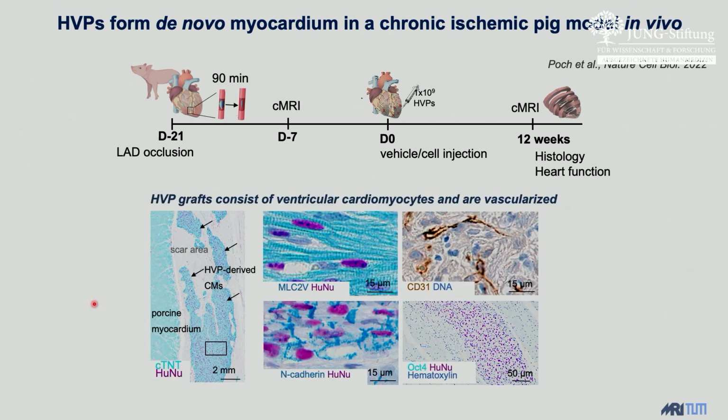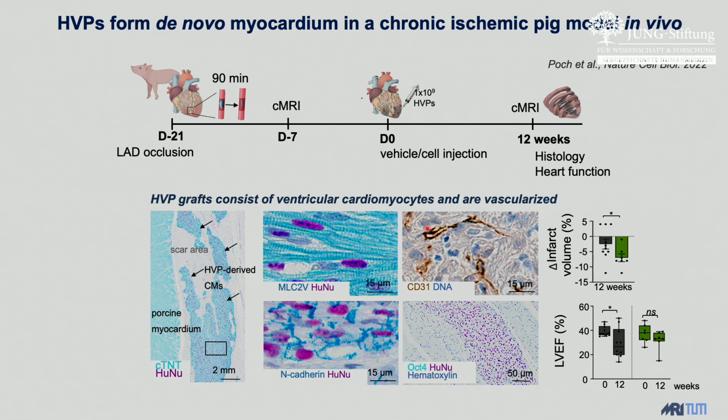And looking more into the histology of these grafts, we have seen that the cardiac progenitor cells really formed nicely HVP-derived cardiomyocytes within the scar area. They elongated and they were even vascularized grafts.